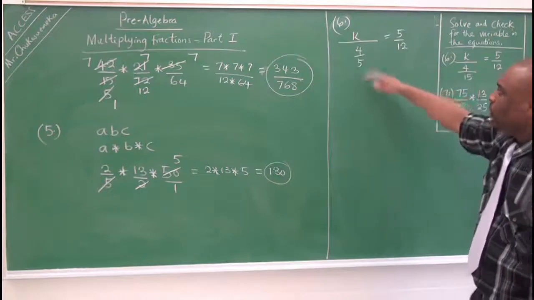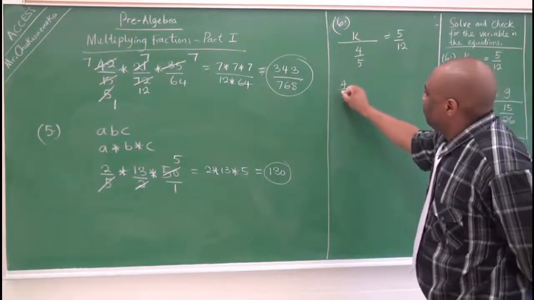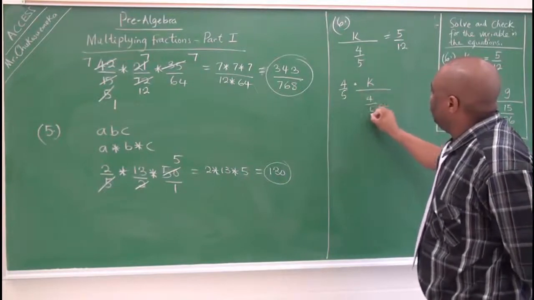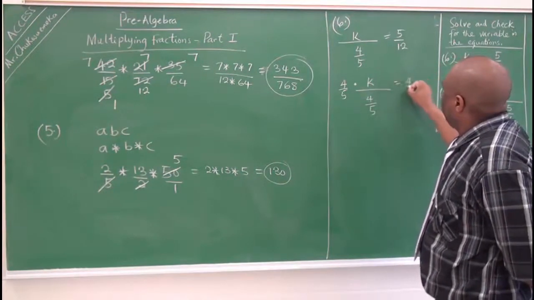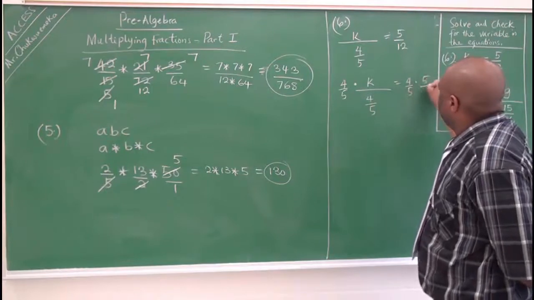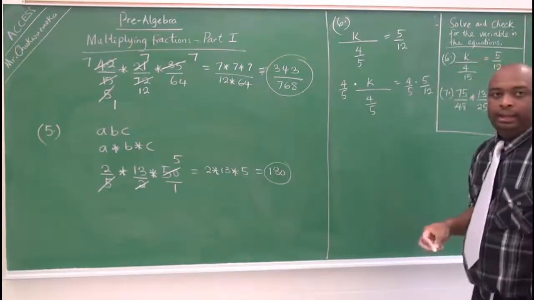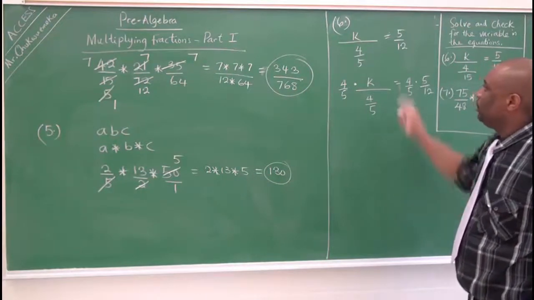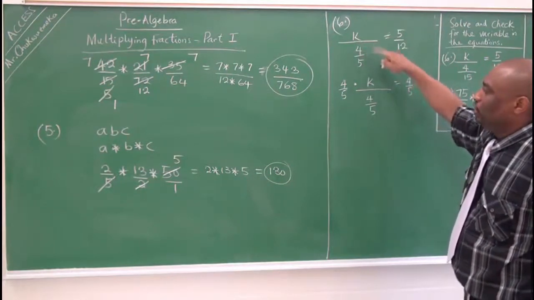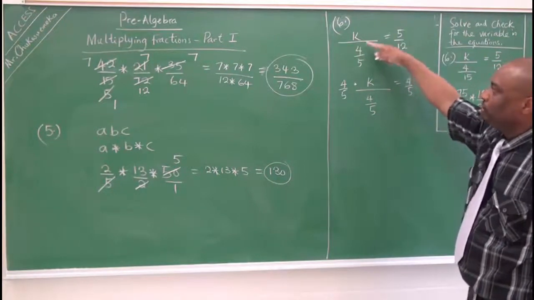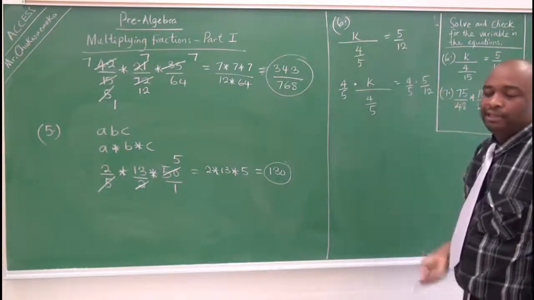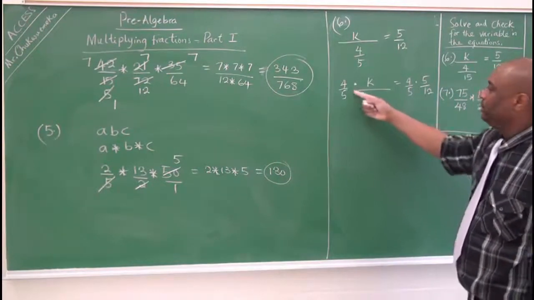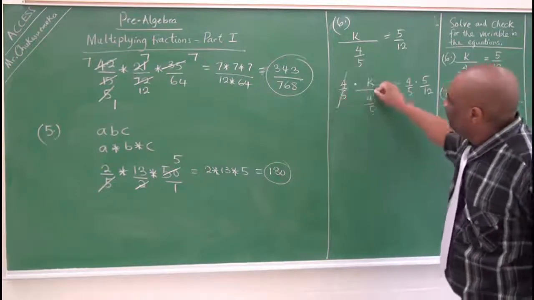So 4 over 5 times K all over 4 over 5 is equal to 4 over 5 times 5 over 12. I mean, you can do it this way. Another thing you can do is cross product. There's another way too: you can also do 5K over 4 equal to 5 over 12.